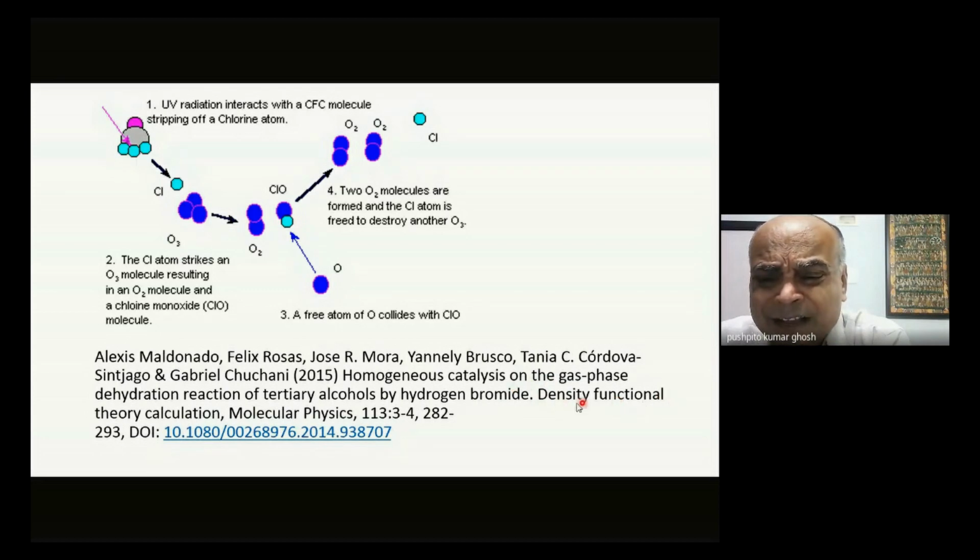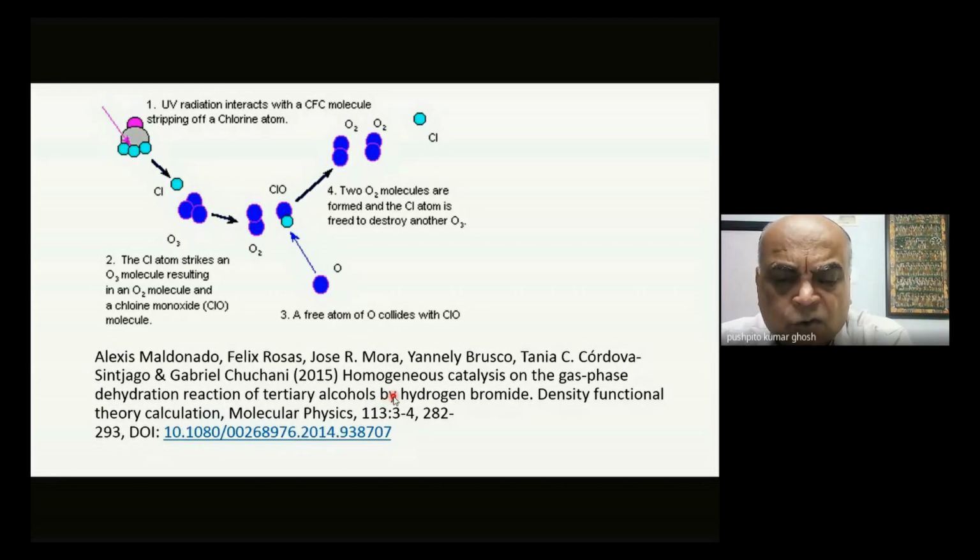And this is a theoretical calculation of the entire catalytic process that takes place. But the sum and substance is that they were effectively generating the olefin, through the dehydration of the tertiary alcohol. That's effectively the reaction.